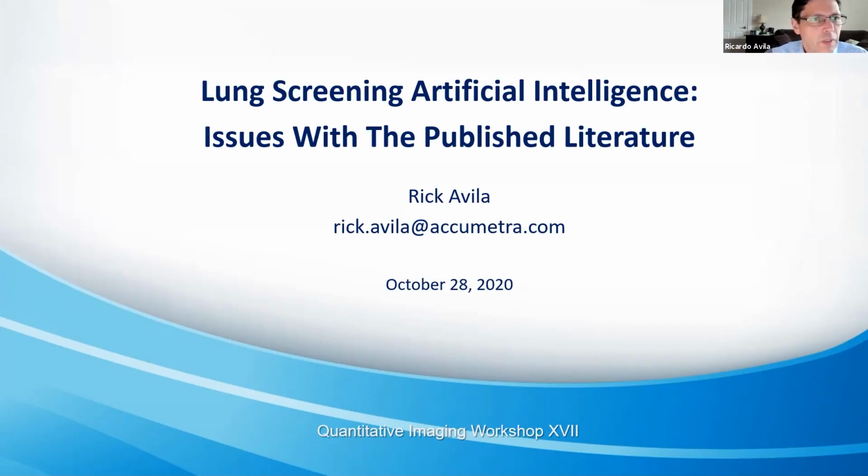After that, I spent a lot of time in a neurobiology lab looking at computational opportunities for working with real neural nets. And I have a lot to say about that. But for this talk, I'm really focused on issues with the published literature on AI, particularly with respect to lung. If you go to the next slide.